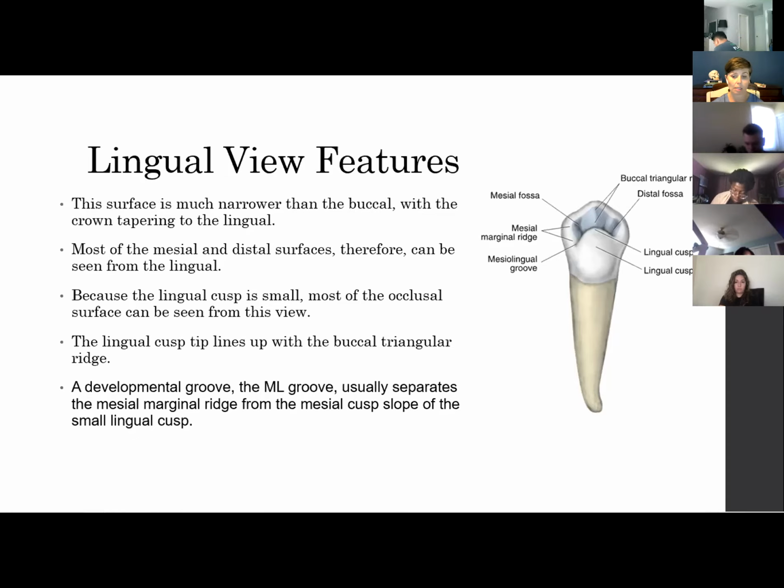You have your mesial marginal ridge, your distal marginal ridge will be over here, and then your mesial fossa will be over on this side, whereas your distal fossa is here. A developmental groove, the mesiolingual groove right here, usually separates the mesial marginal ridge from the mesial cusp slope of the smaller cusp.